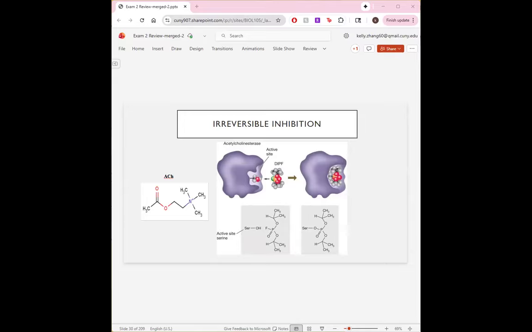This is not a super common process in cells. Usually it happens with poisoning, since usually you don't want something irreversible. This example shows acetylcholinesterase hydrolyzing ACh into choline and acetic acid.